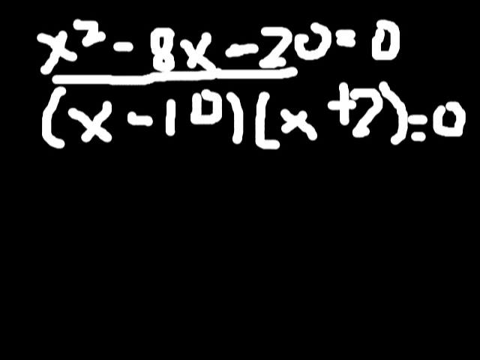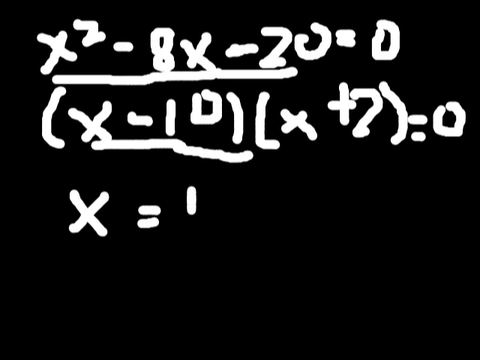This is because negative 10 times 2 is negative 20, and negative 10 plus 2 is negative 8. So that's how I got that. And then this tells you that the solution to this quadratic is x equals 10 and x equals negative 2.